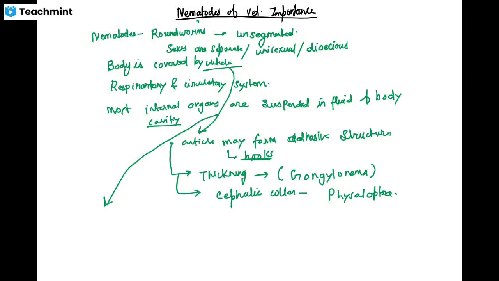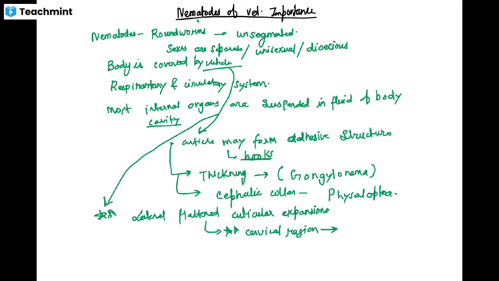In many species, there are lateral flattened cuticular expansions. These are important. They are mainly present in the cervical region of nematodes, and they are called alae. So the important thing is in which nematodes alae are present.